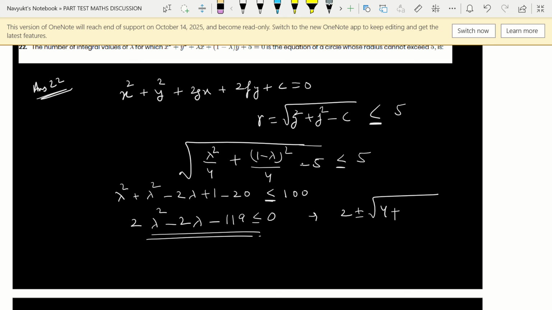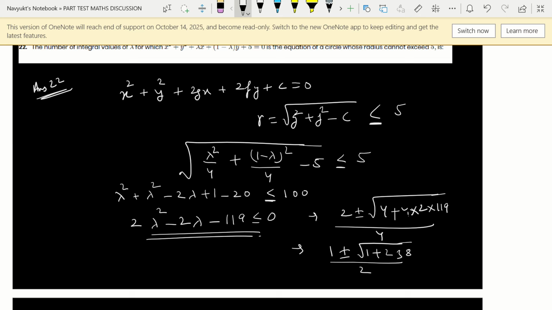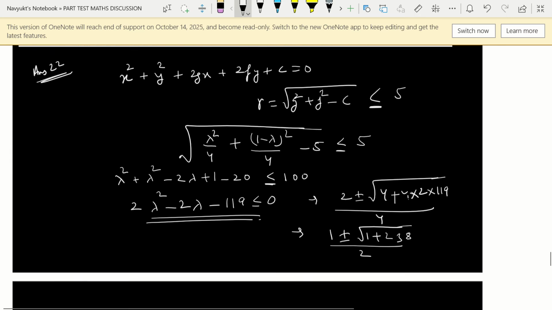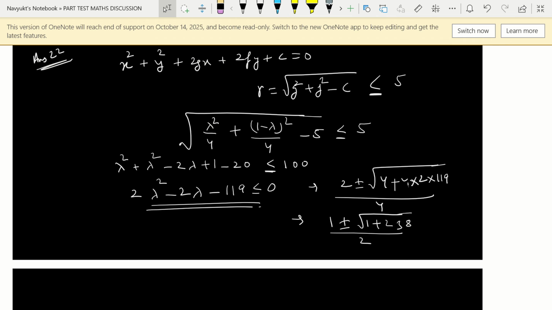It is simple: 4 into 2 into 119 upon 2a. So we can directly take 4 common from the root, so 2 gets out. It is 1 plus minus root of, how much? 1 plus 2 into 119, which is 239, and upon 2, 2 gets cancelled. Clear? Clear how to easily get this value.